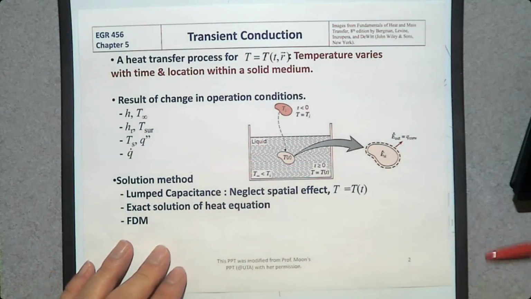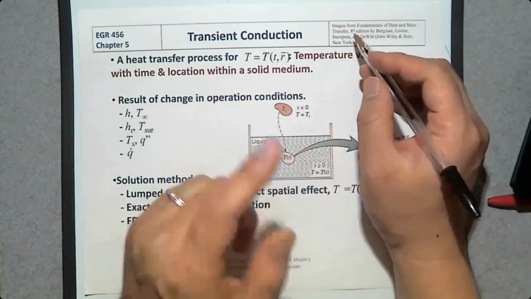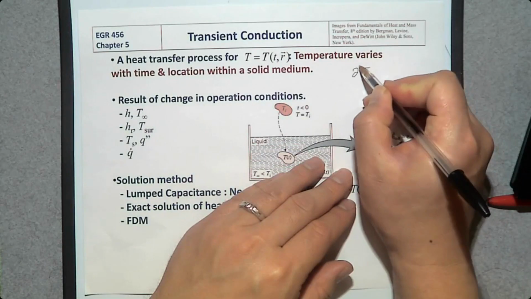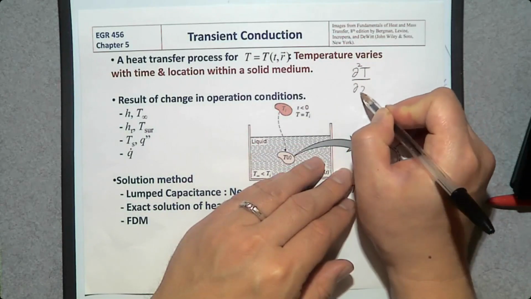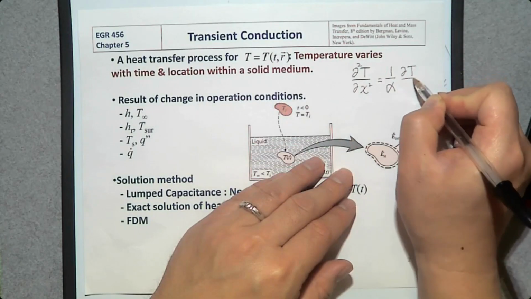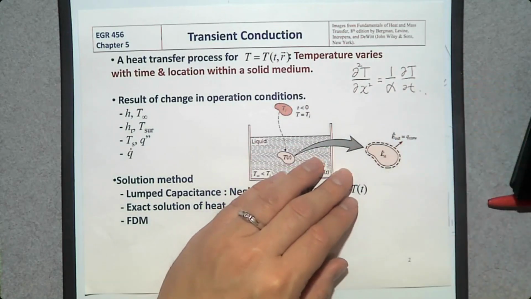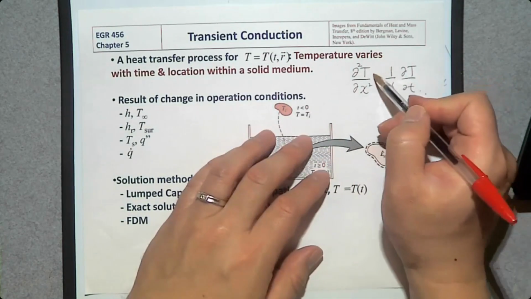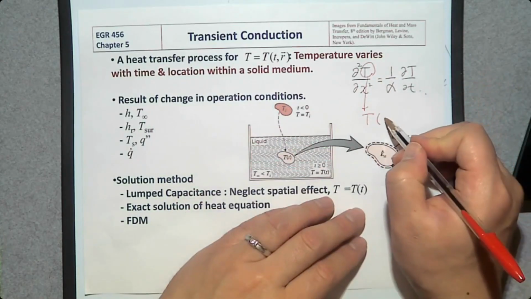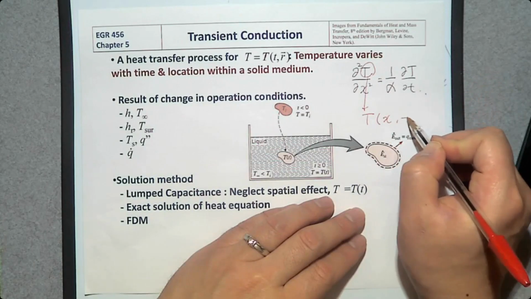So in reality, in a transient heat transfer problem, the governing heat equation looks like this. The temperature T should be in the form of location X and time t.